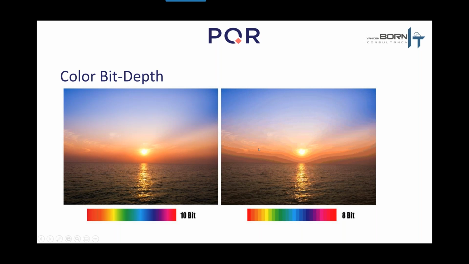And on the right side, you will see 8-bit color information, and you will see gradients. So you will start seeing lines where there's not enough color information to do a smooth transition. So there's not enough colors between light orange and dark orange. So that's why you will see higher color bit depths in these situations.